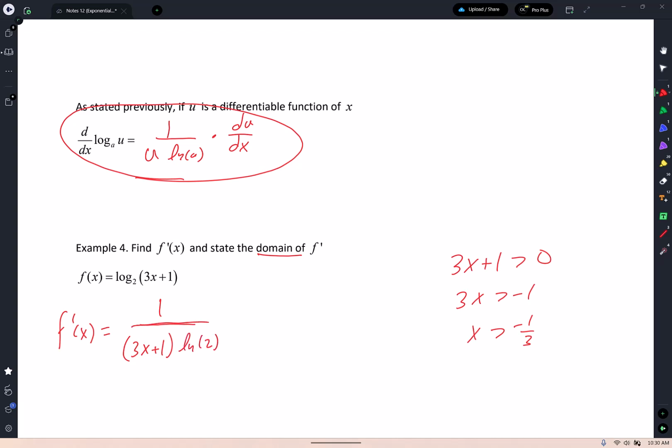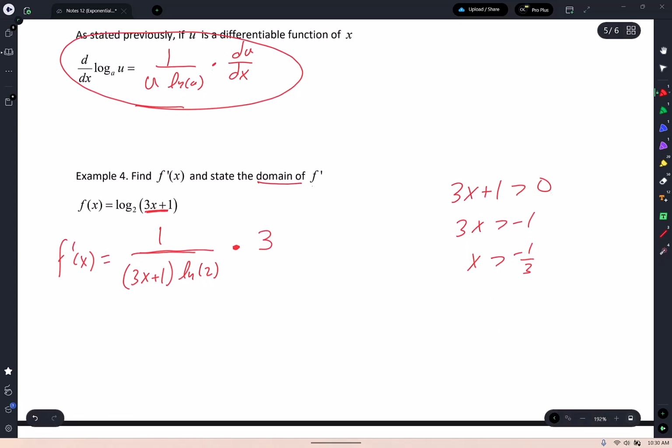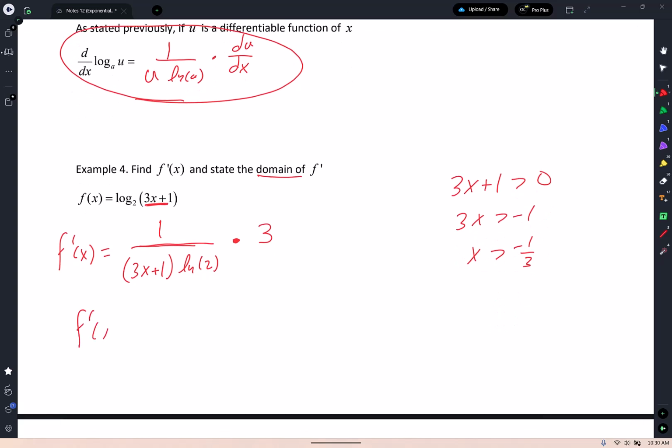Am I done? No. Times the derivative of the inside. What is my inside? The 3x plus 1. What's the derivative of 3x plus 1? 3. Does everyone see what we did? So my final answer, f prime of x, is equal to 3 over, parenthesis, 3x plus 1, close it, ln of 2. And that's all you're doing over and over again, guys.